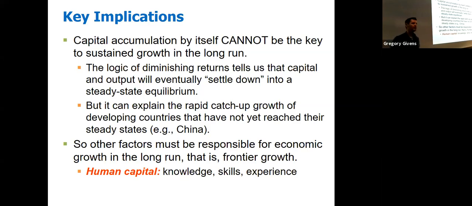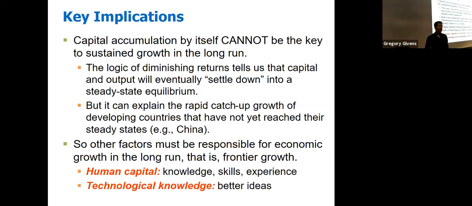I think increases in human capital can probably raise GDP and living standards in the short run, but one thing you've got to remember here is that human capital is very likely going to be subject to diminishing returns, just like physical capital is. So it's not likely going to be the case that if we put human capital in the model, or allow for changes in human capital, that somehow that's going to allow countries to escape this kind of logic of diminishing returns. There must be something else going on.